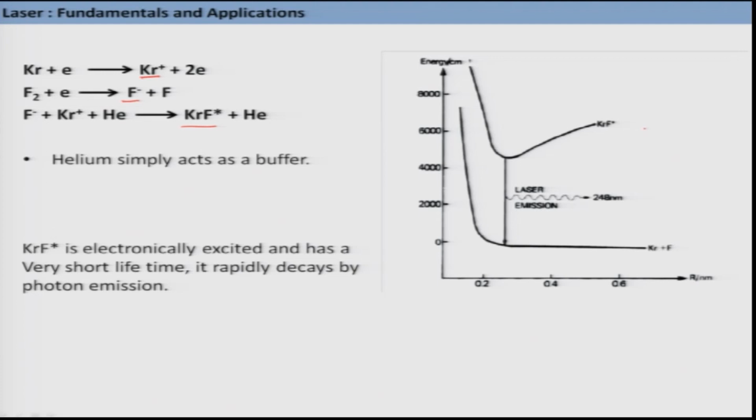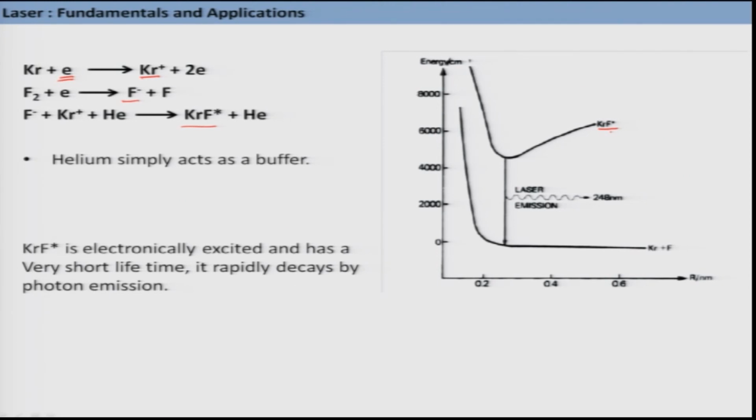This is shown in this diagram. So this is the energy level diagram of the ground state of krypton and fluorine, where they are not interacting, while here they are forming a complex, and they are already at an excited state. Now this excitation was created by electric discharge, right? Due to electron impact, this is formed. Now they will not be stable here, right? That is not a stable geometry.